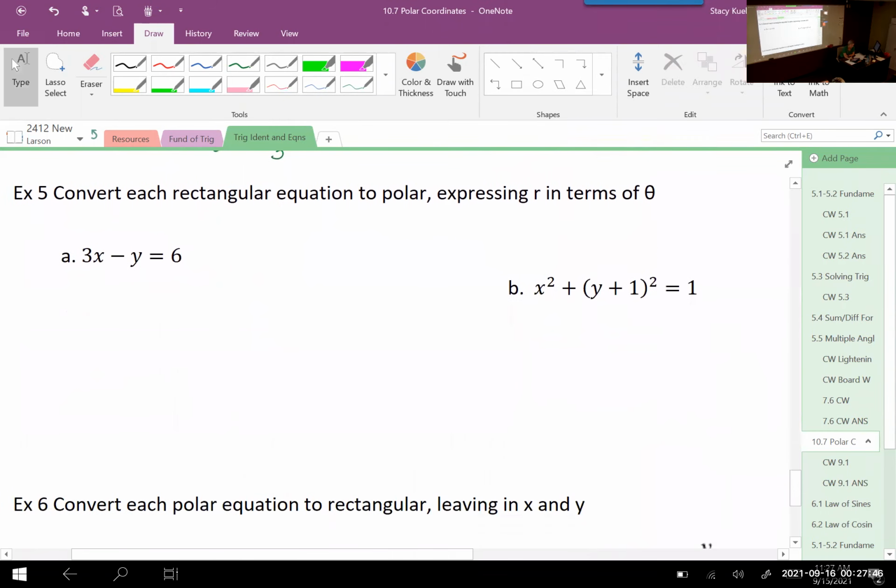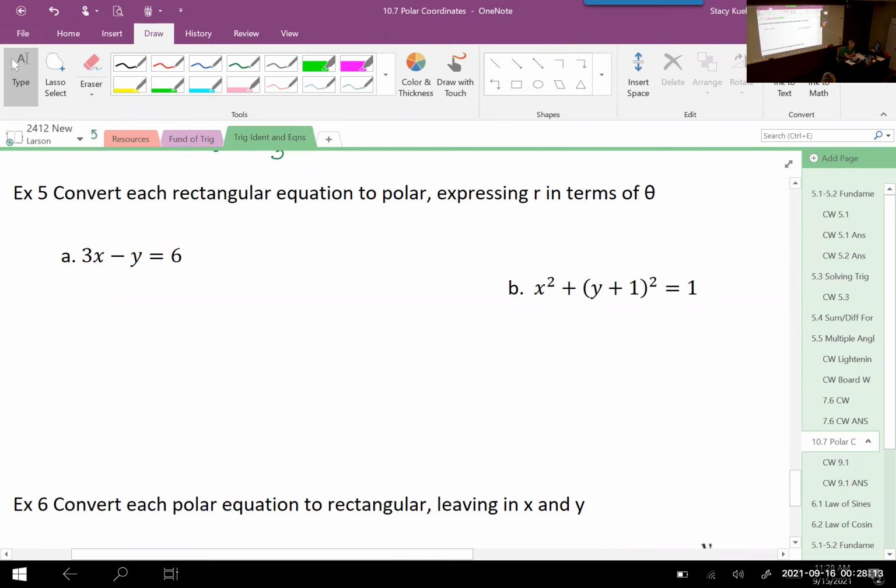Now let's do equations. Let's see if we can take an equation and convert it into its polar equivalent. I know I'm in rectangular because these are x's and y's, and I have to come up with an equation that is r's and thetas. The first one is 3x minus y is equal to 6. I want to take all those x's and y's and turn them into r's and thetas.